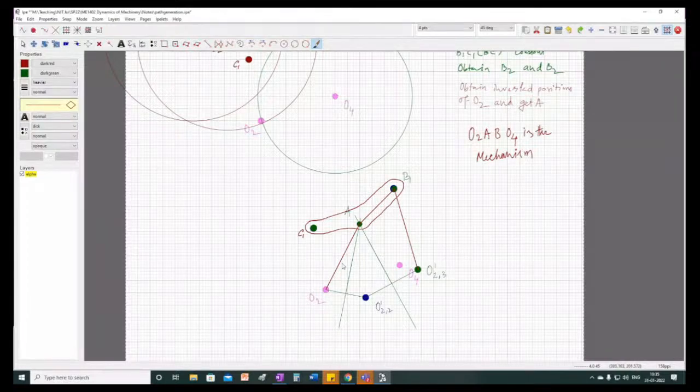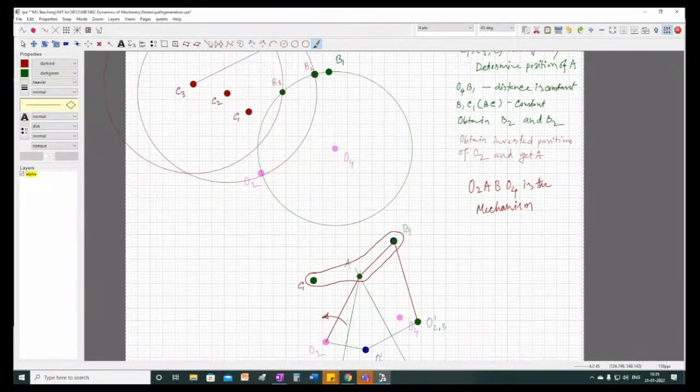Now when you rotate this mechanism in this direction, you will have these C2 and C3 points. You will obviously achieve the positions of C2 and C3 when you rotate this.